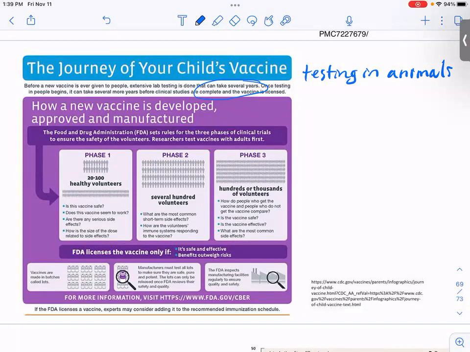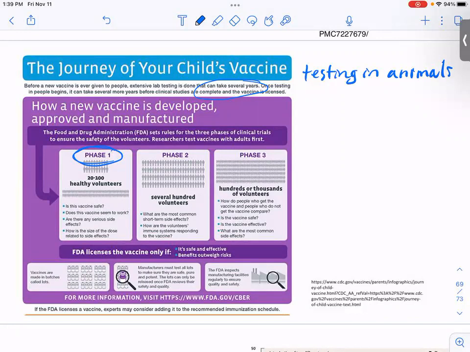Once it seems safe in animals, then in phase 1 clinical trials, they'll give it to a really small number of otherwise healthy people, and monitor them really closely to see if they have any side effects. Hopefully, they also try to understand if it's actually effective.